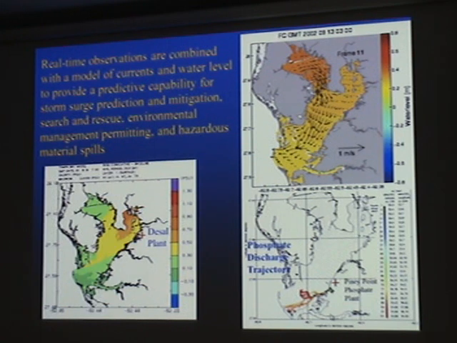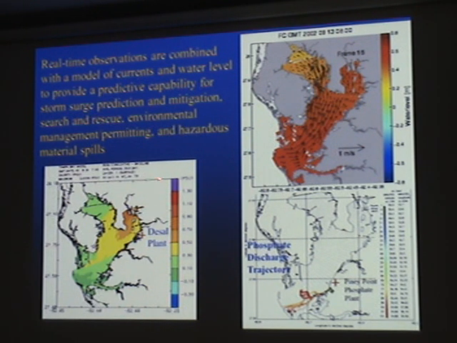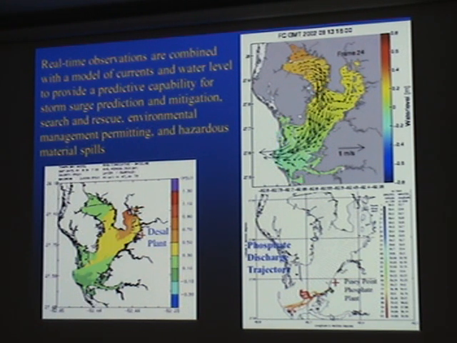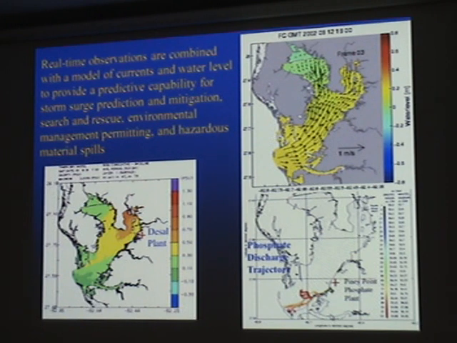There was concern as to what the effluent from that desalination facility was going to do to salinities in the bay, especially when combined with simultaneously withdrawing up to 30 to 40% of the river flow that flows into the bay through the main tributaries here in Hillsborough Bay. And so we used the model to investigate that, and ultimately all of those were permitted and are now functioning, and most of the predictions of change in salinity that came out of the modeling system have been verified ever since.